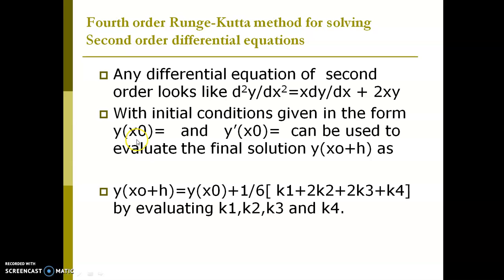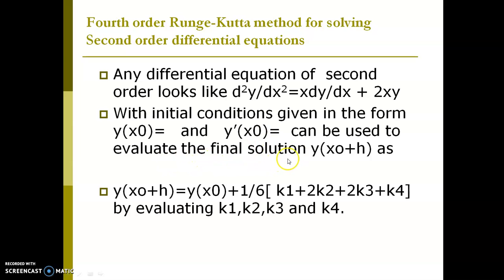These two, y of x0 and y dash of x0, are given as initial conditions. So along with the second order differential equation, we have initial conditions given as the starting point x0, the function evaluated at x0, and the first derivative evaluated at the same point as the initial known data points.